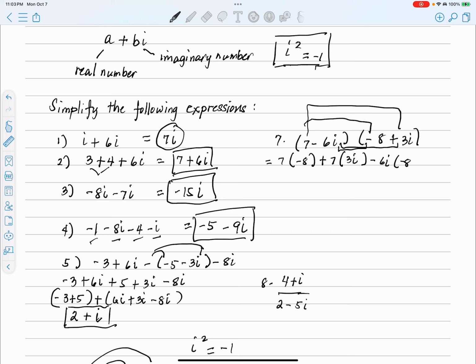Minus 6i times 3i. So let's simplify. 7 times negative 8, that is negative 56. 7 times 3, that's 21i.